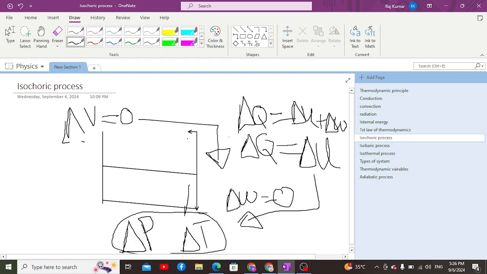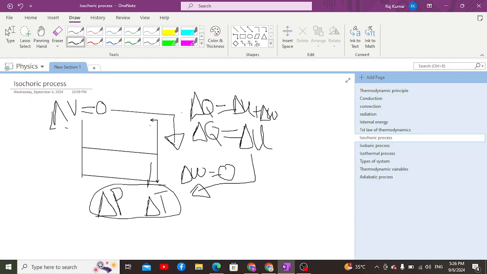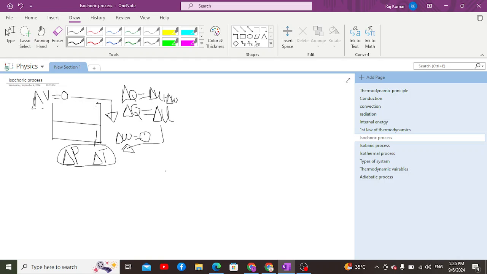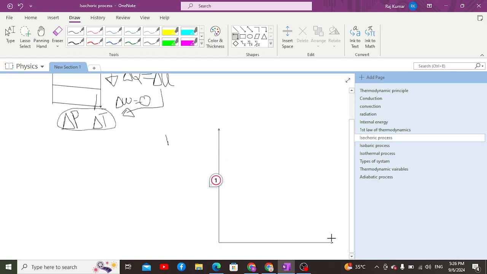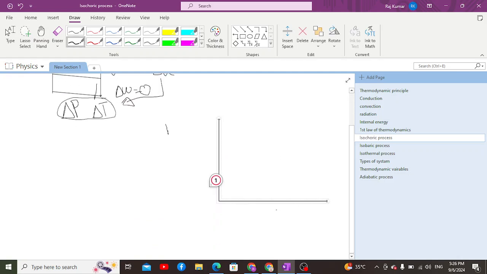Alright, so in this sense, this is basically what we call an isochoric process. A graph of an isochoric process is drawn in such a manner that volume is written on the x-axis and pressure is written on the y-axis.